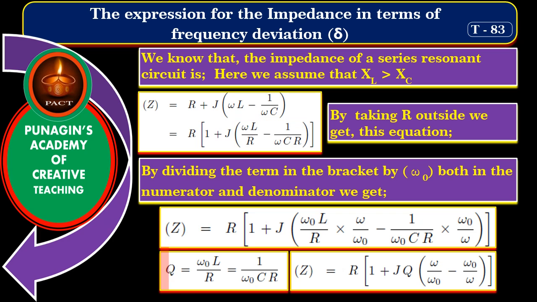We know omega naught L by R is equal to 1 upon omega naught CR is equal to Q. By substituting and solving, we get Z is equal to R into square bracket 1 plus jQ into bracket omega by omega naught minus omega naught by omega.